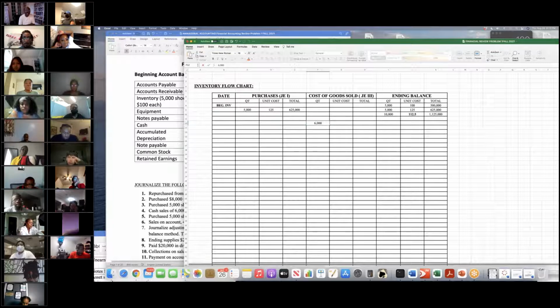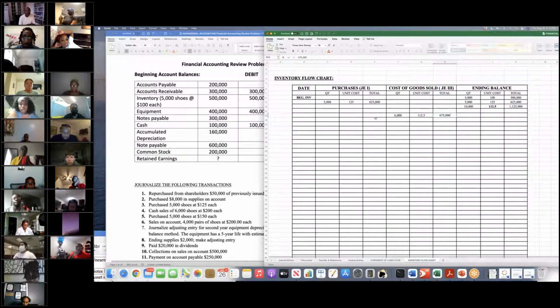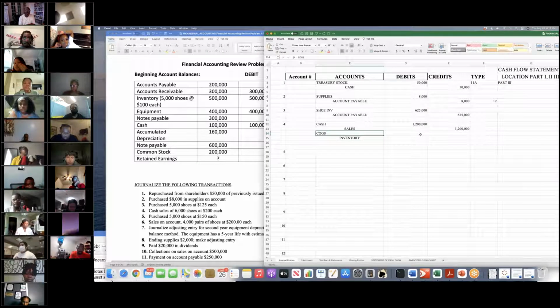So they're going to be costed at 112.50. So what did we say that was? 675,000. Okay, so that's what's going to go in the journal entry. So this flow chart is used to record the inventories and then come up with the amount that's in this journal entry.